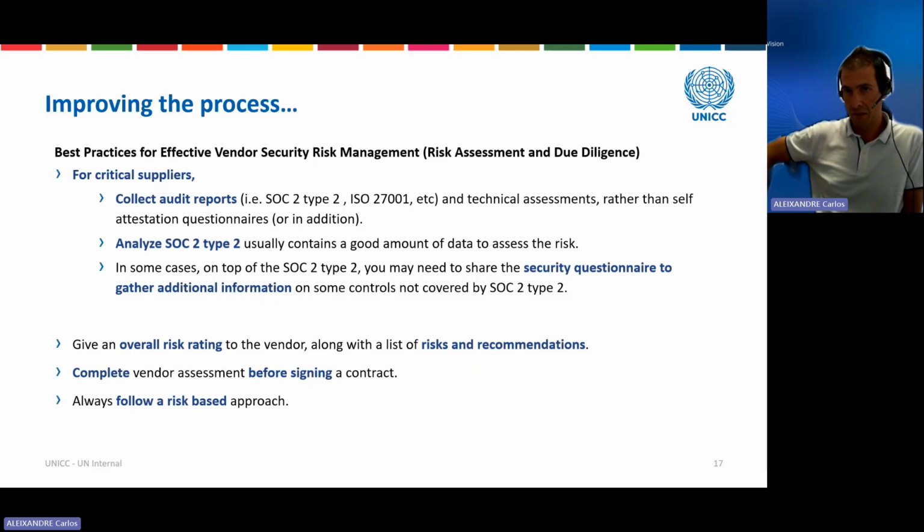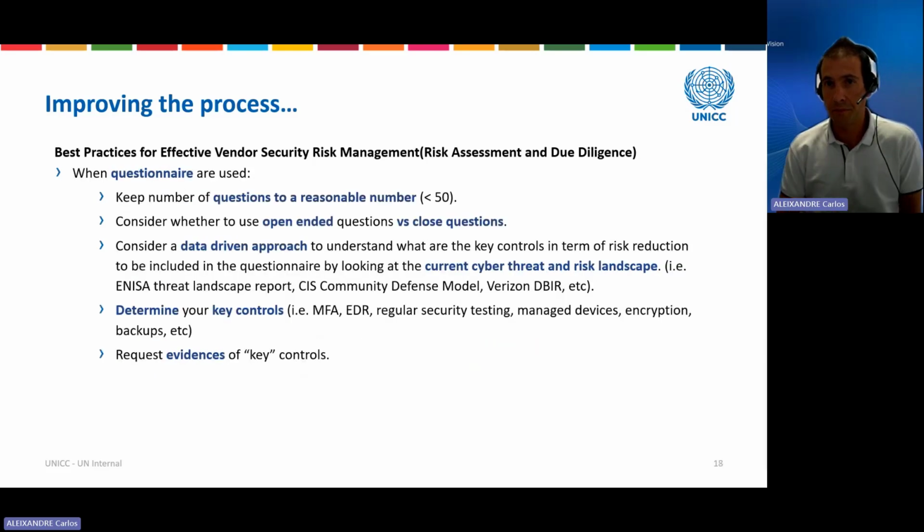This is key, doing our risk assessment and due diligence before signing the contract, in the pre-contractual phase. Otherwise, it is a little bit more challenging to get responses and to take any actions to treat or remediate the risks.